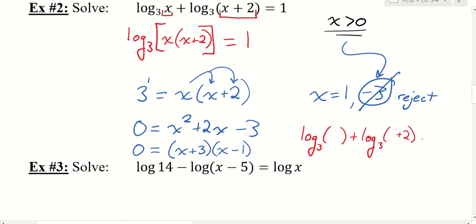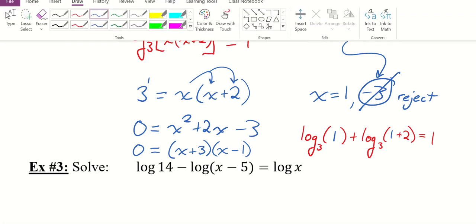I'm just trying to verify whether or not my solution is correct here. It's a good thing to do on a test or even on your homework. So our solution is x equals 1, so let's plug that in. Everywhere x used to be, we will substitute that with a value of 1. And let's simplify.